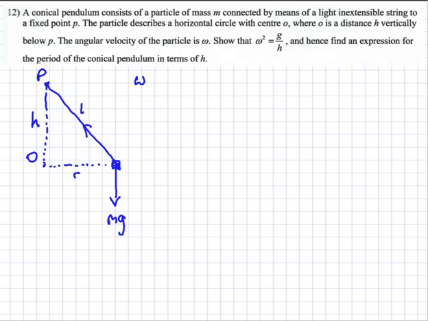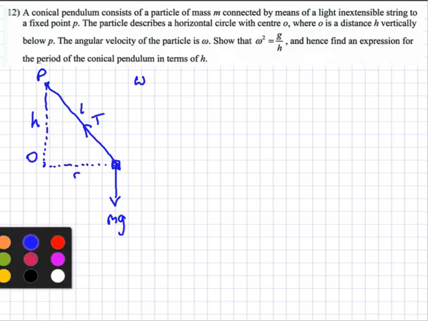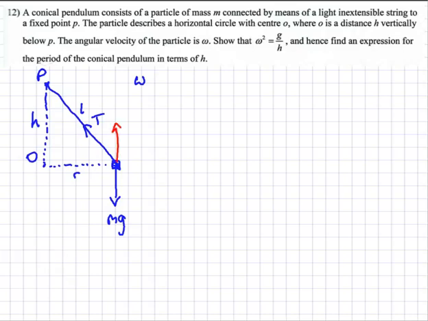Now, that string has a tension, and again, the components of it are t cos theta, where theta is that angle, and we have t sine theta, which is the force acting towards the center of the circular motion.